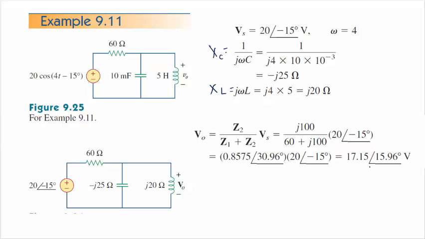And then to be complete, you're given the problem in the time domain, so you should answer the problem in the time domain. So Vout as a function of t, keeping in mind that it's steady state, not transient, where any temporary transient response to the circuit has had time to settle out, will be 17.15 cosine of 4t plus the phase angle volts.